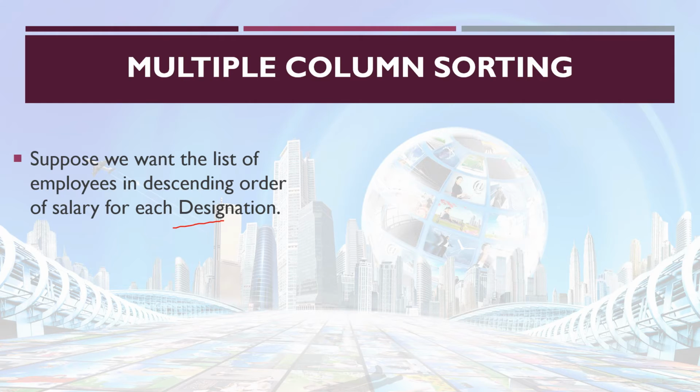Suppose we want the list of employees in descending order of salary for each designation. That means first clerk, then manager. So we sort the designation, and for each designation, for example the clerk section, we want descending order, that is, highest to lowest salary.